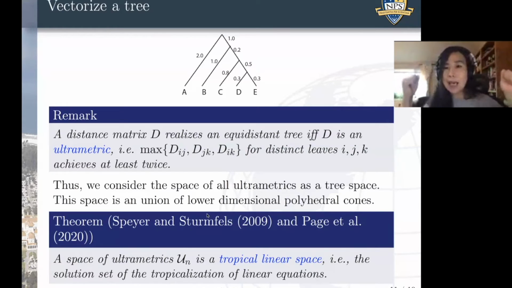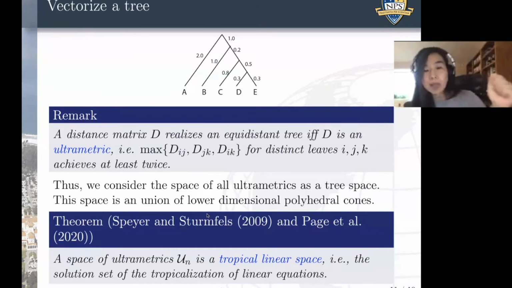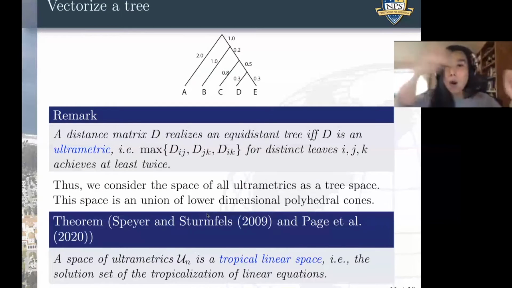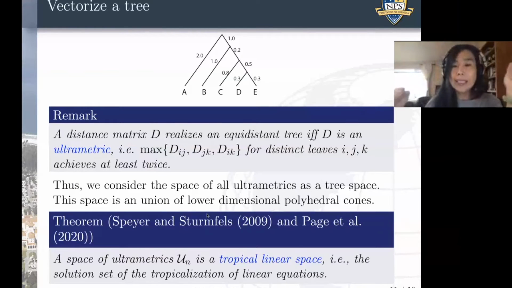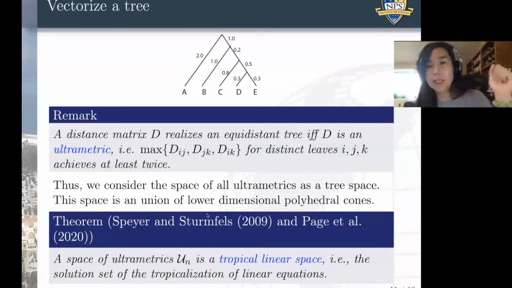That means that if the vertices are coming from the space of ultrametrics, then all points along the polytope or line or whatever have to be inside the space of all ultrametrics.